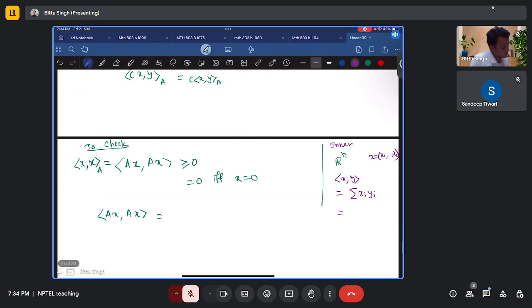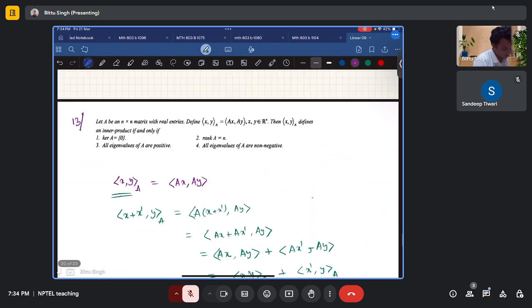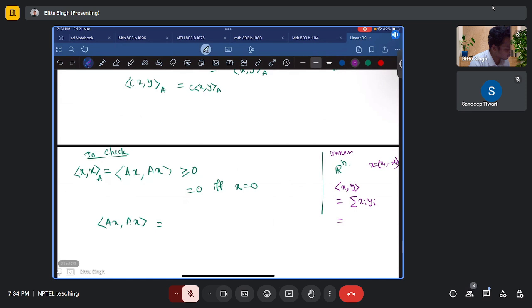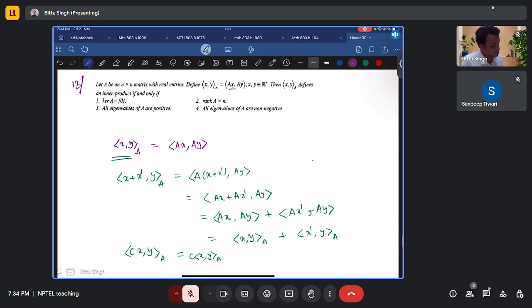Write x as a column, otherwise multiplication will not be defined, because A is an n by n matrix.